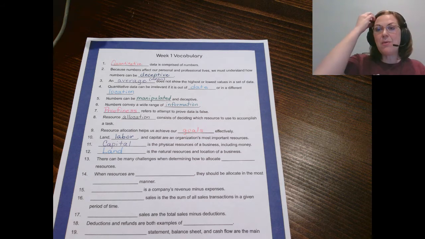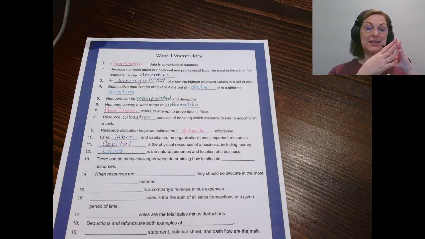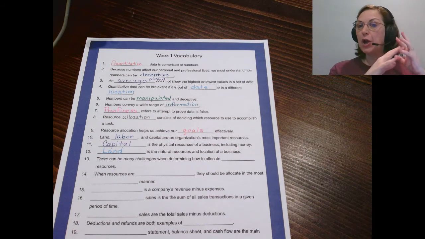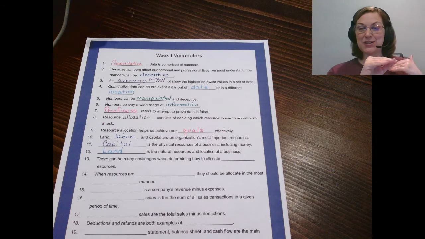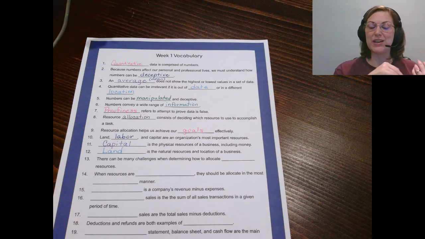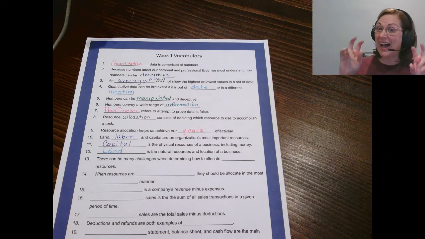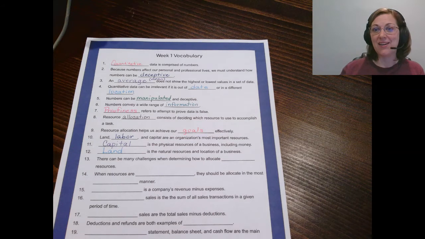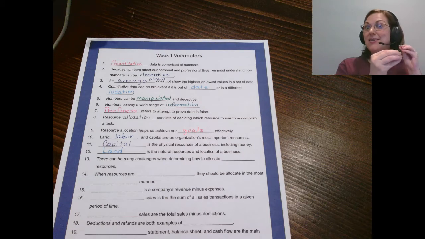And so, how a business allocates these resources, how they decide in a building how much of the space to use for storage, how much of the space to use for workspace for employees, how much space to use for shipping. All of that is important and falls under the allocating of resources. How many people are going to be on this particular job site?